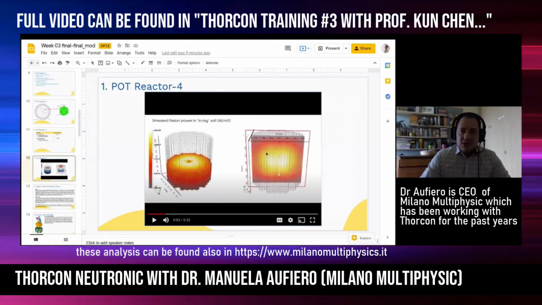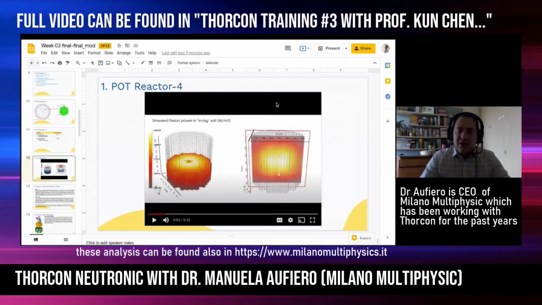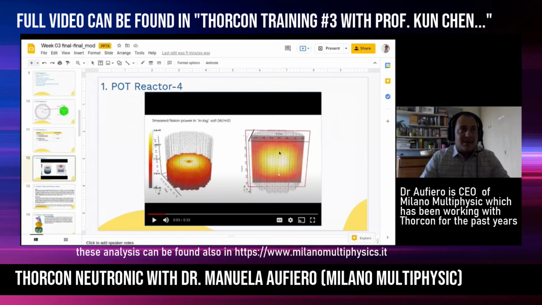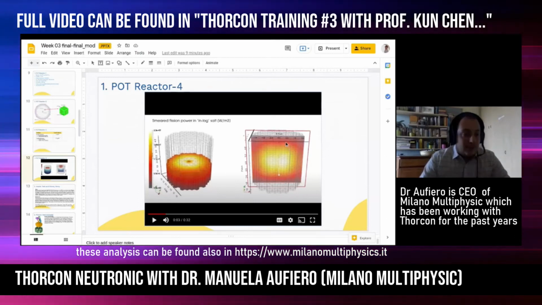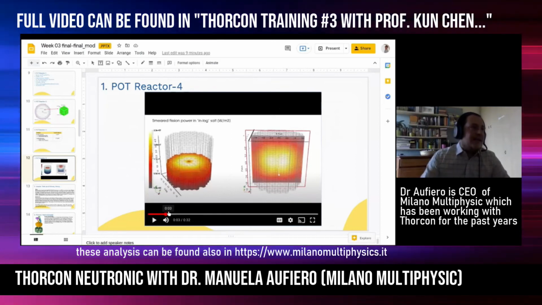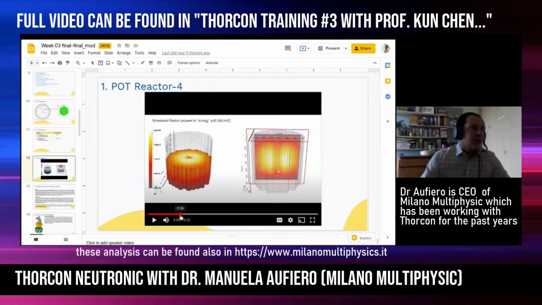Since the neutronic dimension of the size is not too large, the imbalance between the top and bottom is relatively mild. Yes, that's the temperature distribution.